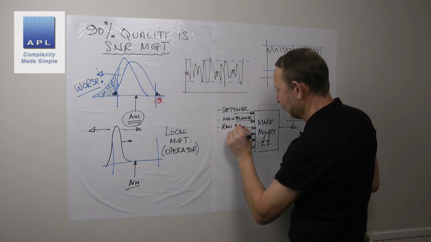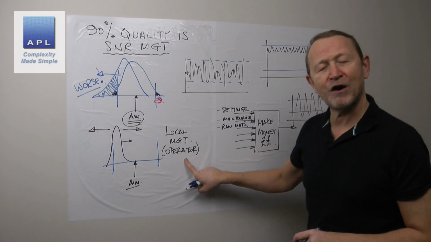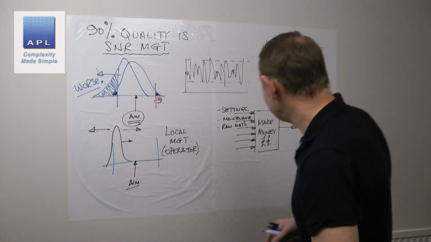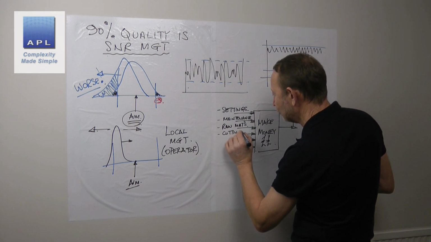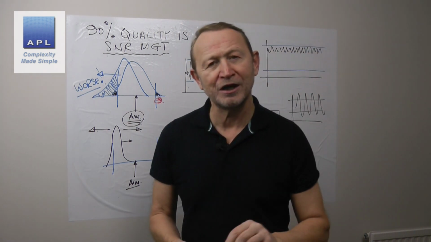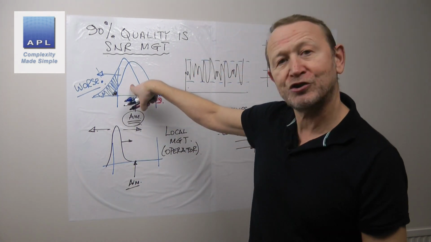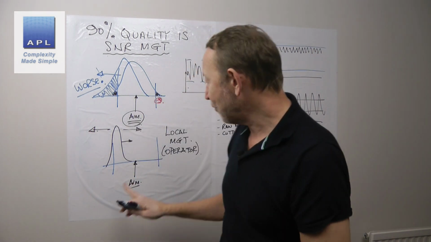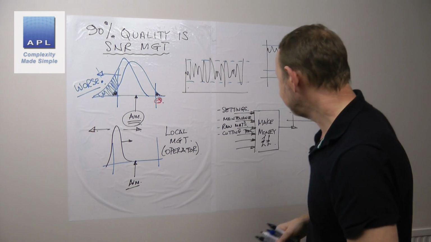Maybe you've bought raw material that's particularly variable and is adding to the problem. Can the operator do anything about that? No. The only thing they're responsible for is the aim. What else? Let's say which cutting tool you're purchasing. You've decided to cut the budget on the cutting tools and buy cheaper cutting tools. Can the operator do anything about that? No. They just get this mess and you expect them to dig you out of the problem. The operator can't dig you out of the problem. All they can do is make it worse.